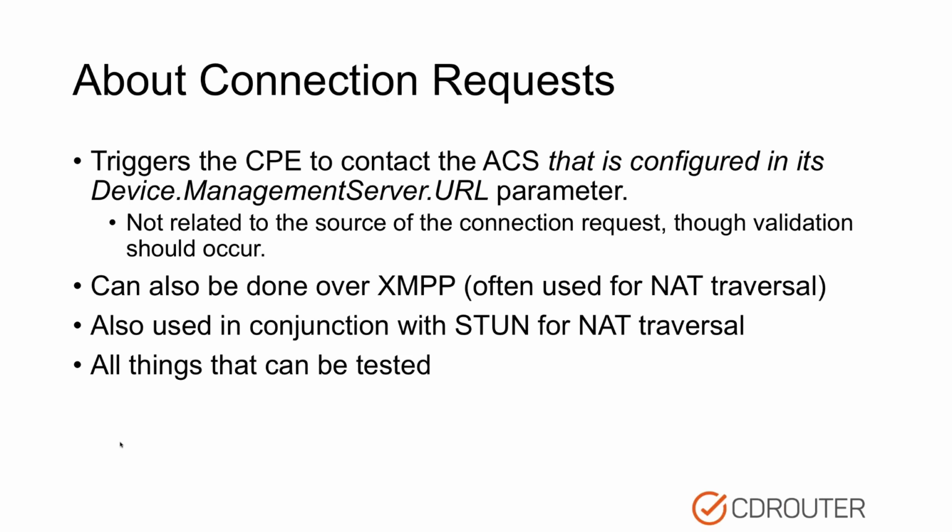And for the effort of not making redundant systems, a lot of the ones that have chosen to use XMPP for LAN-side devices also use it for gateway devices. And then if you are using HTTP connection requests, they can be used in conjunction with STUN in order to get around that. So if you're going to have a LAN device that needs to receive connection requests from the ACS, that mechanism is defined in TR-069.